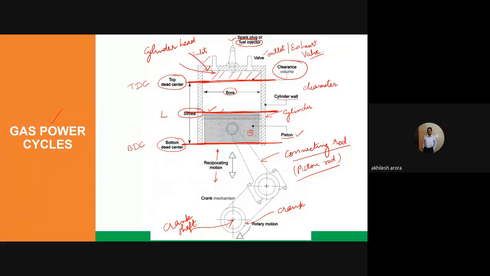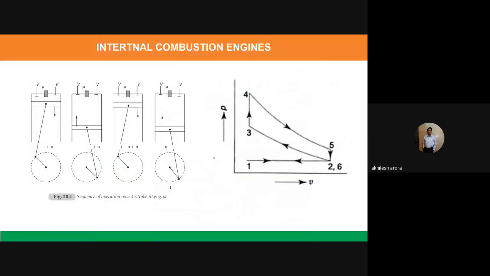So that is just the naming of the various components and items like stroke. Now I am going to explain the working of a four-stroke petrol engine, so try to listen carefully. When I say four-stroke petrol engine, I am saying that we have four strokes.